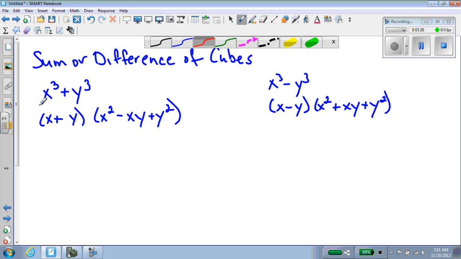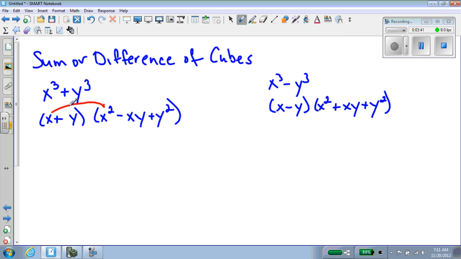X cubed plus y cubed actually factors into x plus y times the quantity x squared minus xy plus y squared. And I'm going to prove that to you by multiplying this out. I'm going to multiply x times each term, and y times each term.